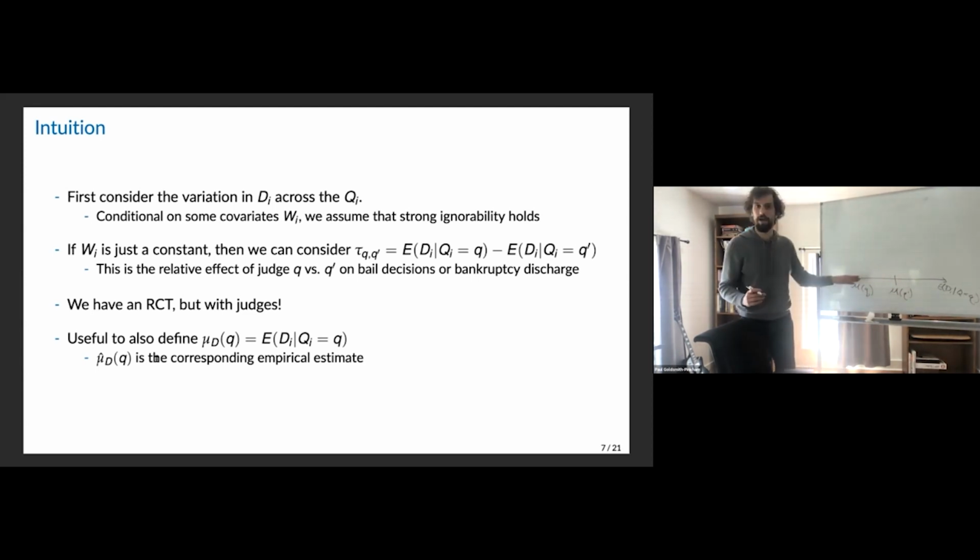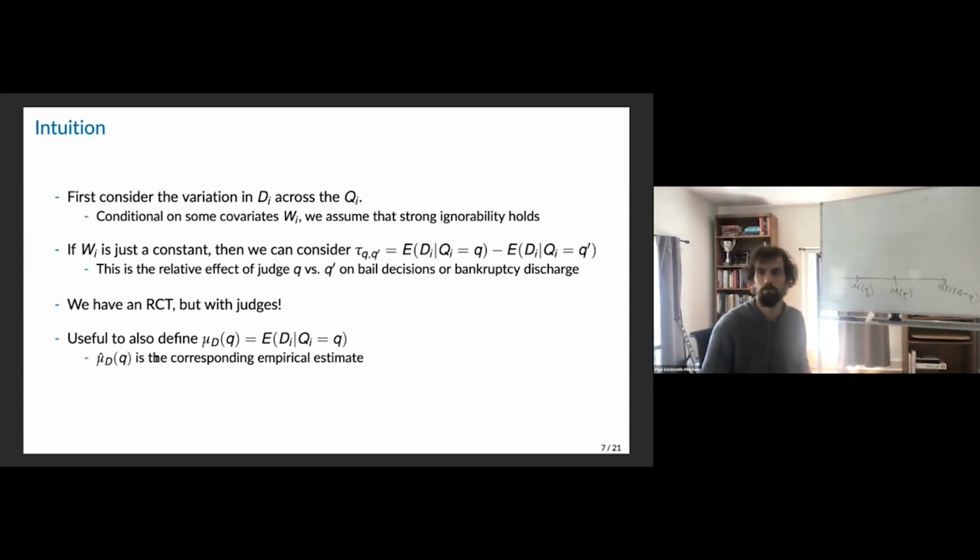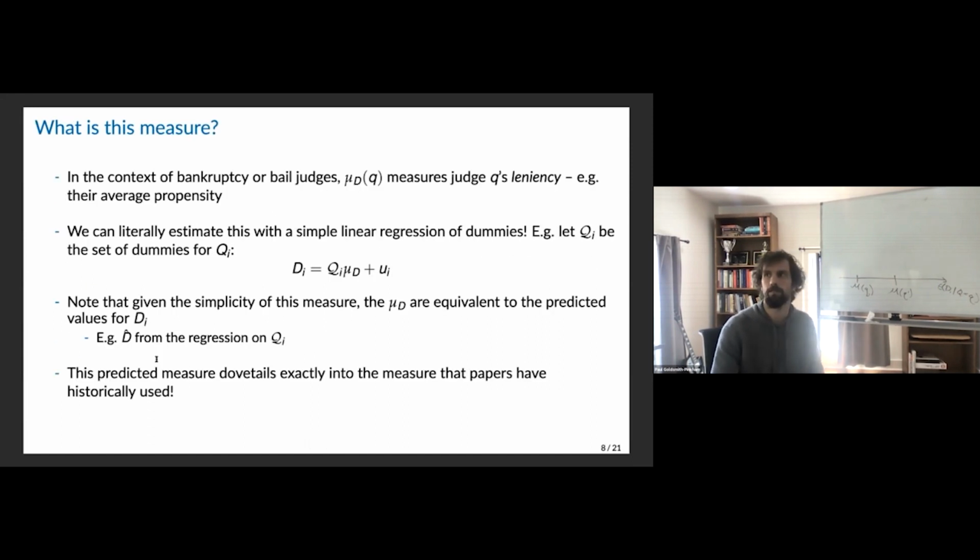We can think about these different values as being the effects. And the relative difference between the two of these is just the estimate of one judge versus the other. Hopefully this sounds very repetitive to you. I'm repeating a lot of what I've said before, but I'm saying this in part so you understand this, because much of the judge literature jumps to this other piece that is a little bit unusual.